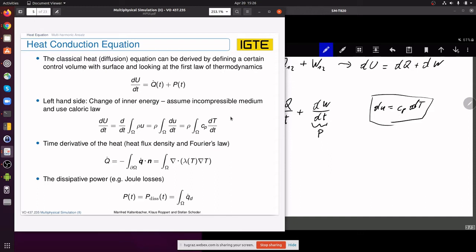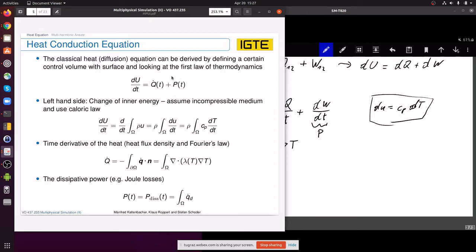The question is if we neglect this temperature dependency or not, times the gradient of the temperature field. Okay. So this is the final form we get out of the first law of thermodynamics combined with Fourier's law.